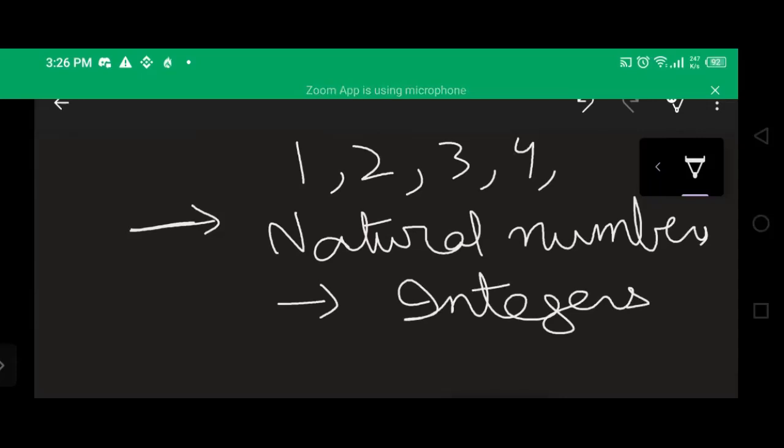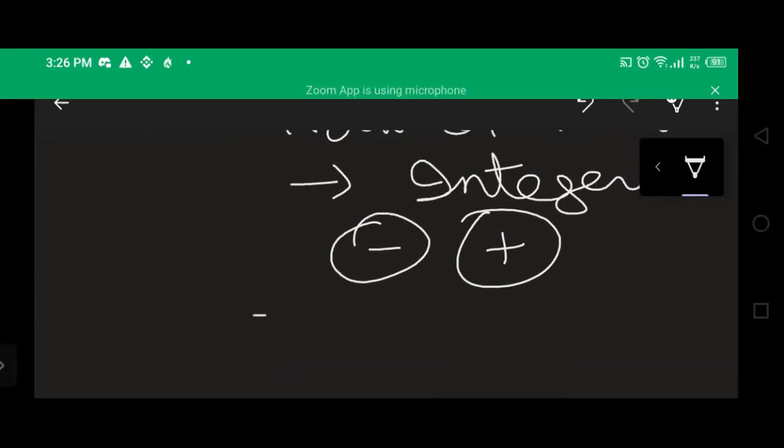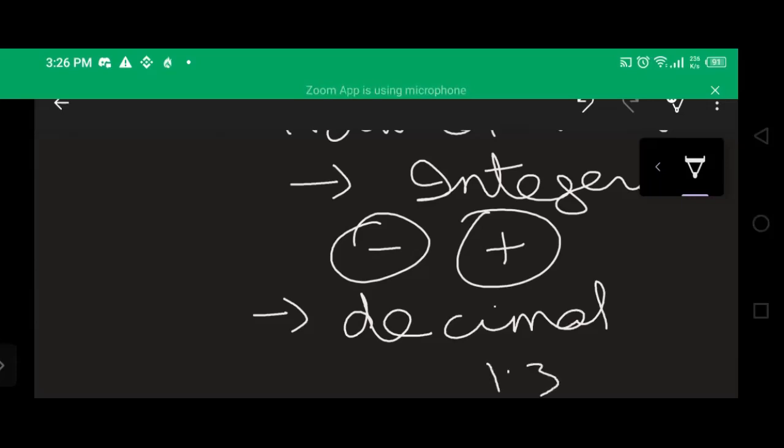Integers are, I think, -3, -2, -1, -4, right? You can say all negative numbers and all positive numbers are known as integers. They have to be whole numbers, right? What are decimal numbers? Decimals are like 1.3, 1.4, 1.5.